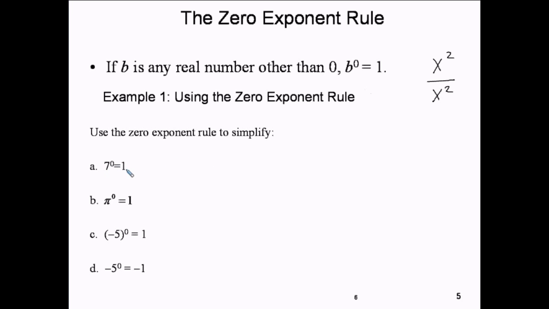So anything to the power of 0 equals 1. So 7 to the 0, 1. Pi to the 0, 1. Negative 5 to the 0, 1, if the negative's in parentheses. If the negative's outside of the parentheses, it still hangs out because the 0 is not touching it. So negative 1.